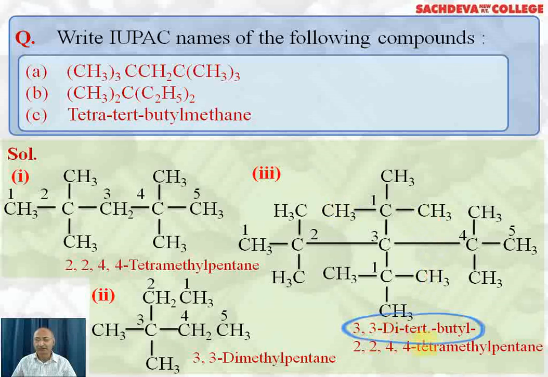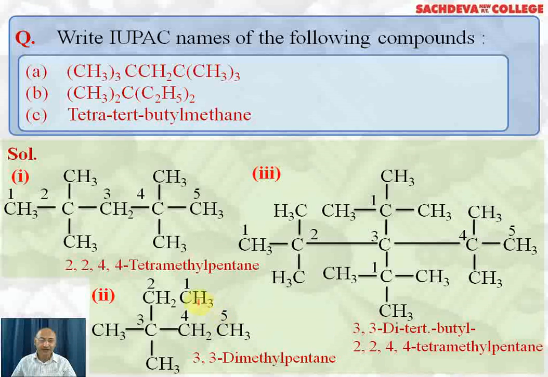At second carbon there are two methyl groups and fourth carbon there are two methyl groups. So 3,3-ditertiary butyl-2,2,4,4-tetramethylpentane. This is the IUPAC name of this compound.